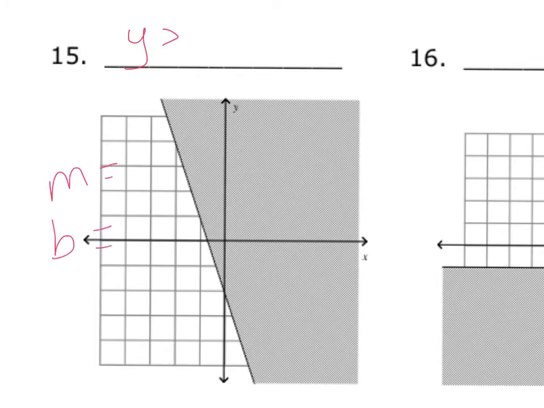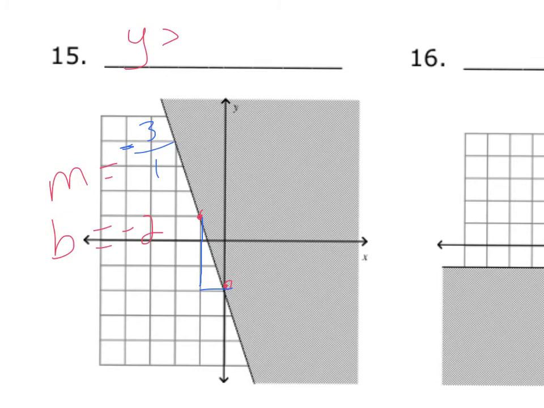The b is located at -2. And another good point looks like it might be here. We see that we have a negative sloped line, right? It's going down. So I'm going to write negative here. And it's going down 1, 2, 3 units and over 1.